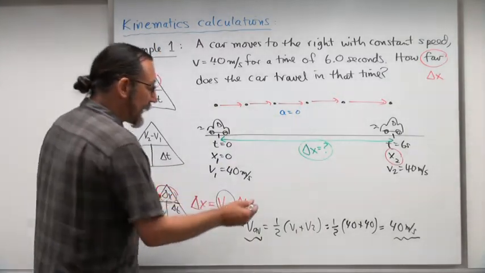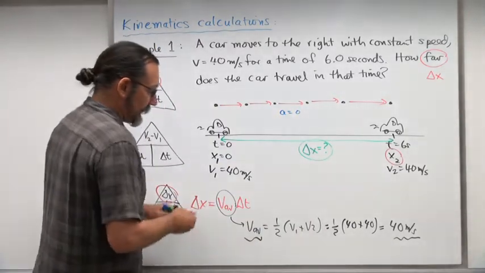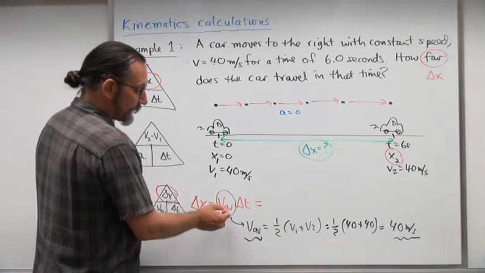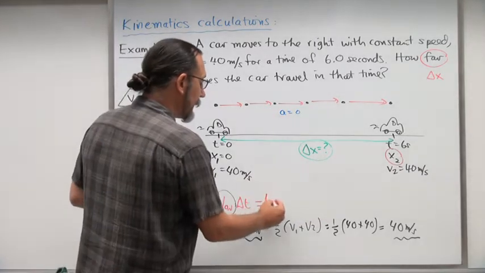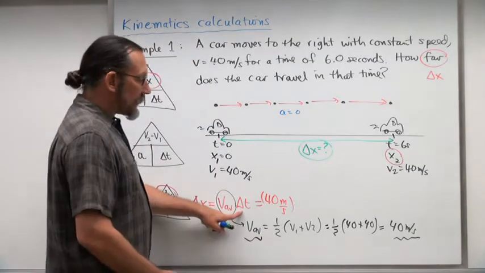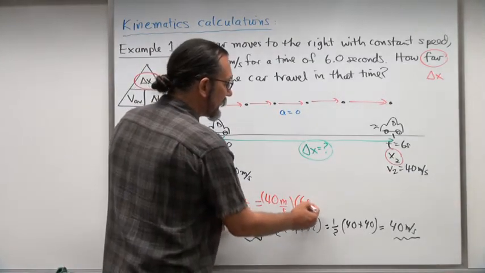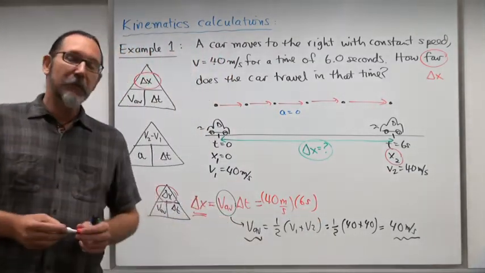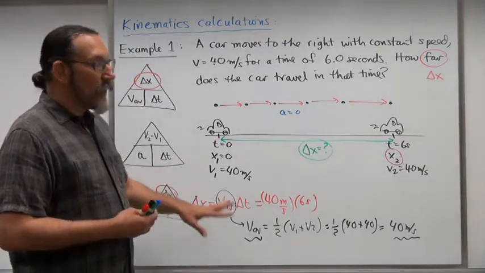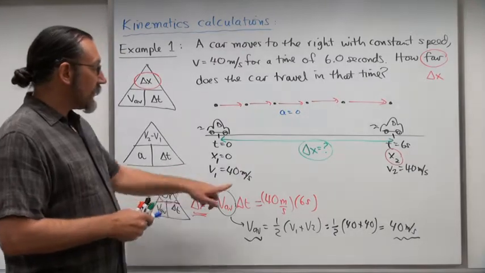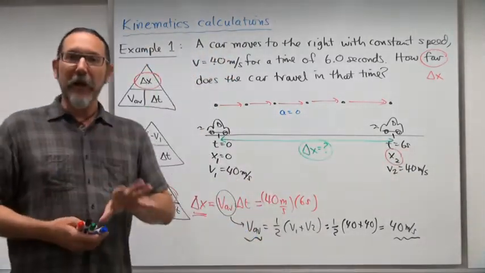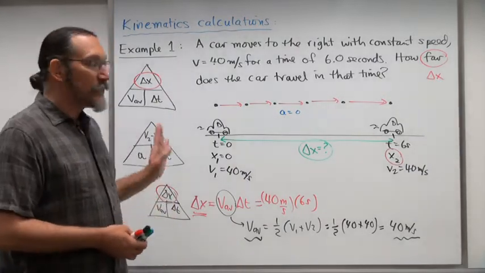All right, so now we can plug it back in. So we know that the displacement, or the change in position, is the average velocity, 40 meters per second, times the time, which was 6 seconds. Now, most of the time I don't put in the units for this class. As long as you know that you always start out with meters per second and seconds and meters, the right units, the same units, then you can actually ignore the units.